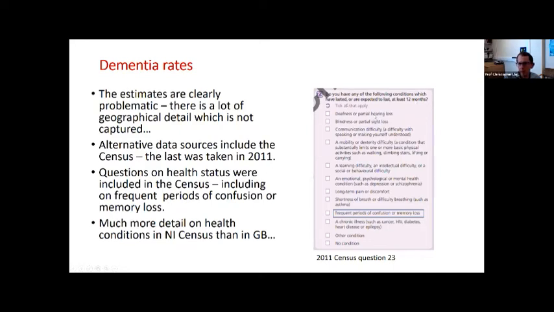So you can read those there, but we've got a variety of things like mobility or dexterity difficulties, emotional, psychological, mental health conditions, and then one which is probably closest to what we'd be interested in, though again, it will include a large number of people who do not suffer from dementia, but it's the closest fit: frequent periods of confusion or memory loss.